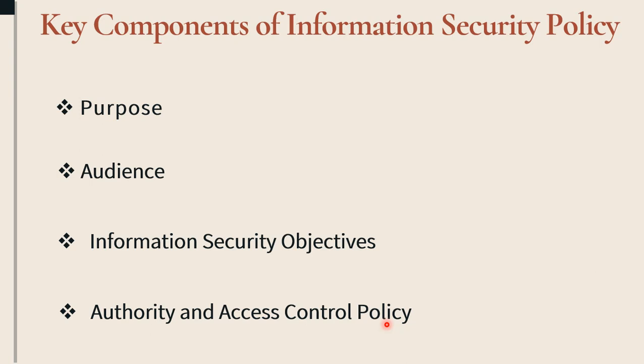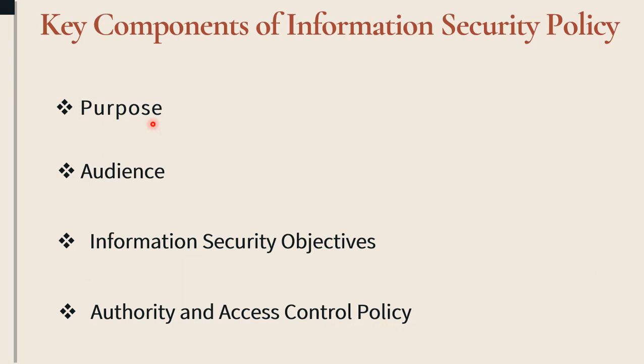What are the important key components which organizations consider while developing this information security policy? The first one is the purpose or intention of designing this policy. There takes place misuse of networks, data, applications, and computer systems.